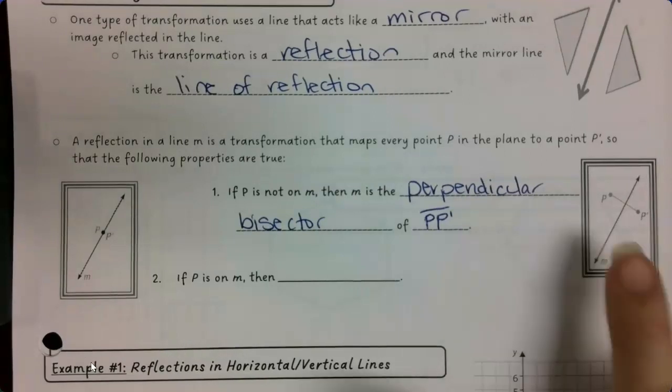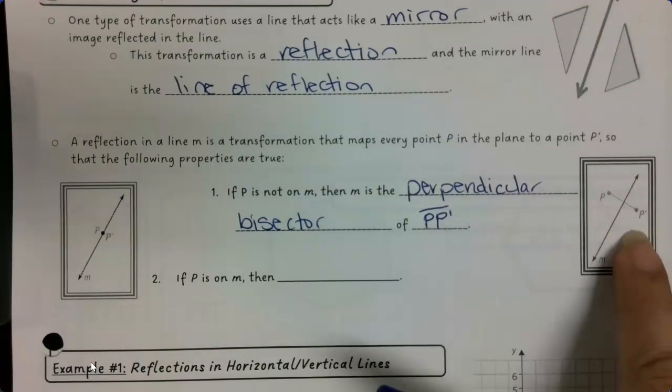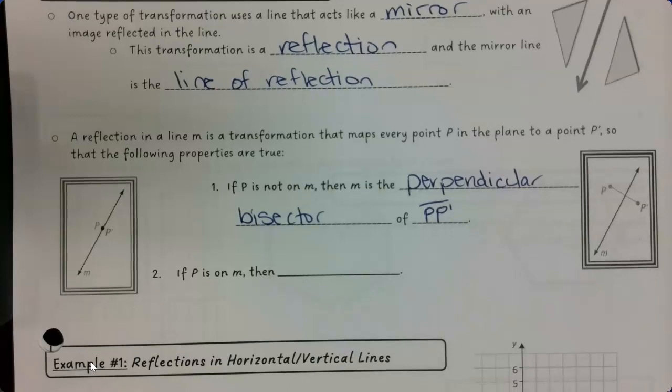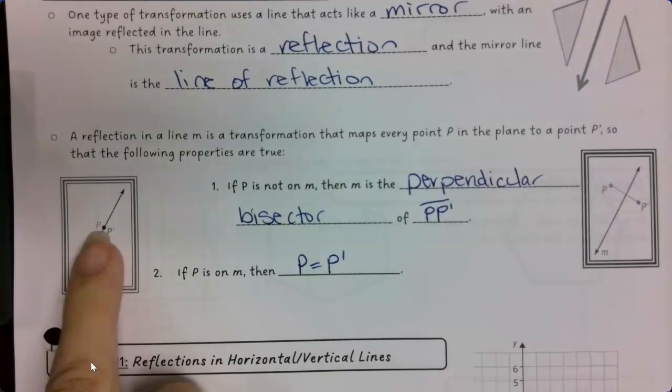So this is the picture on the right. It is cutting this line P, P prime in half. And then my second situation, if P is on M, then P is P prime. They're the same point.